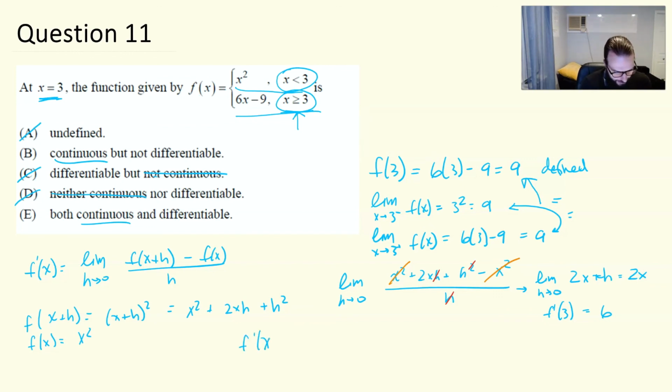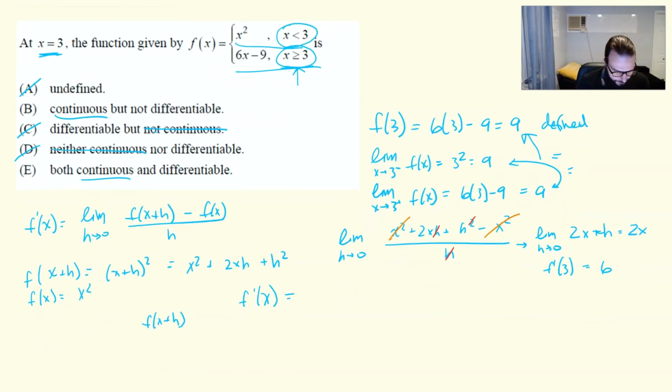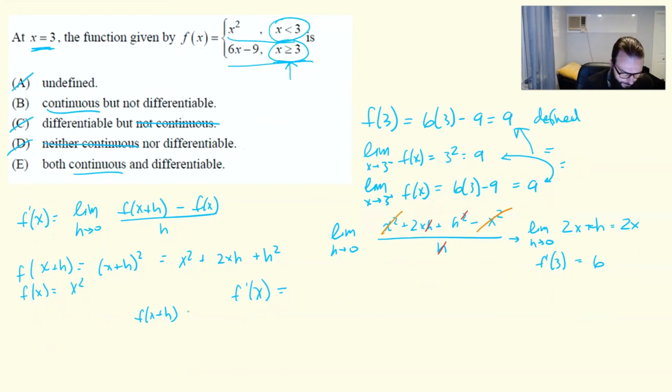So the f prime of x for the bottom function here, the f of x plus h is going to be 6 times x plus h minus 9. So we've got 6x plus 6h minus 9, having distributed the 6.